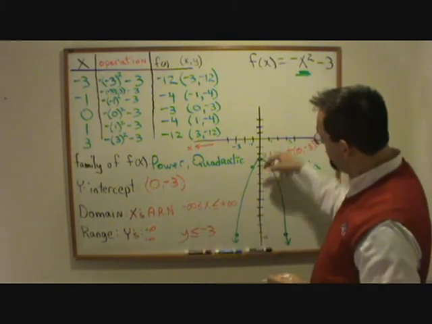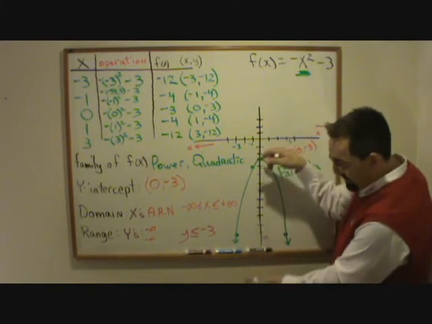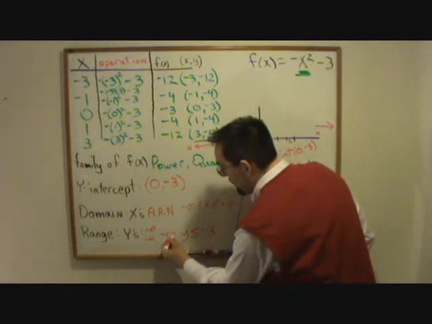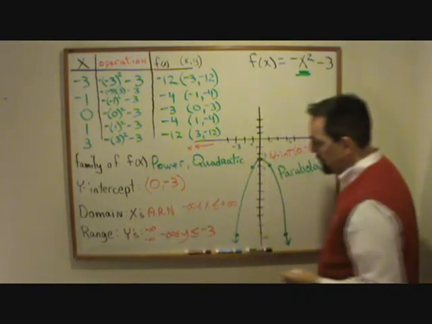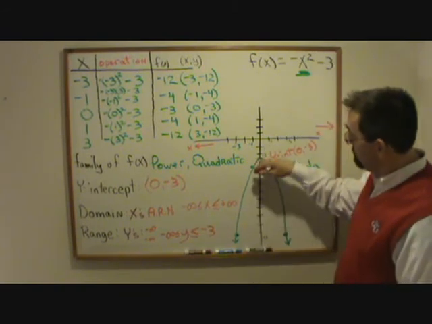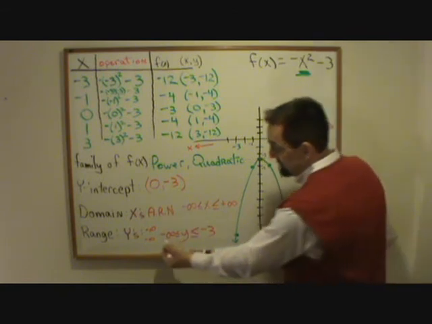So the y's have to be less than or equal to minus 3 that exists down in here. Yep, minus infinity. So from minus infinity way down low all the way up to and equal to minus 3 is our final answer.